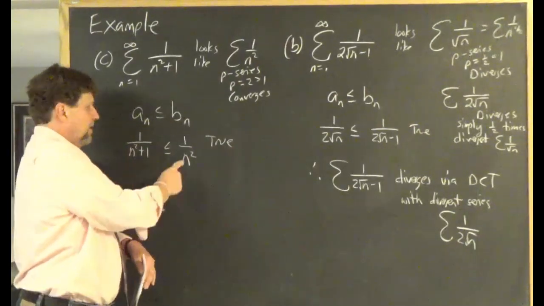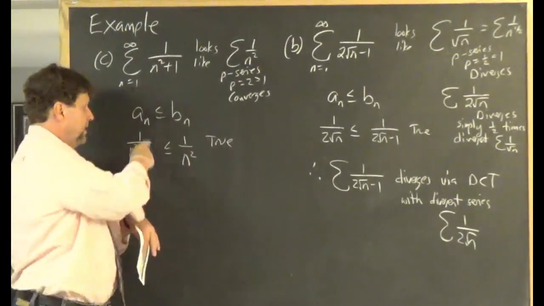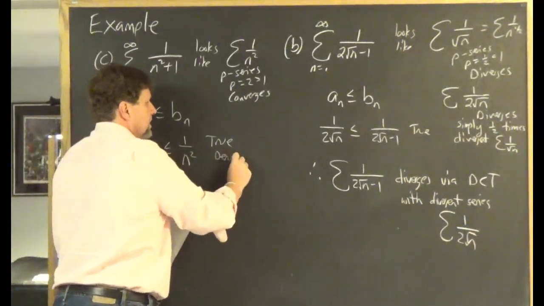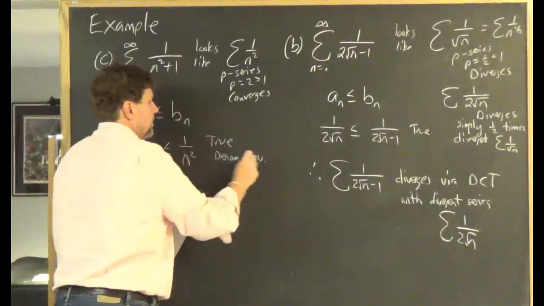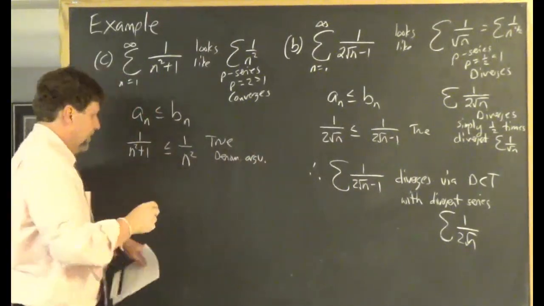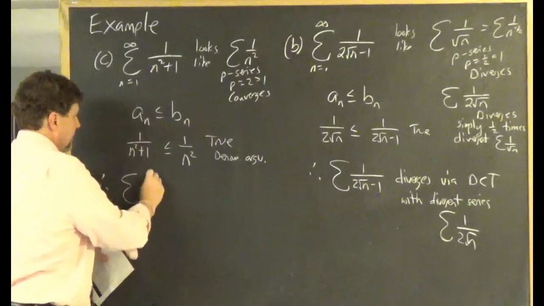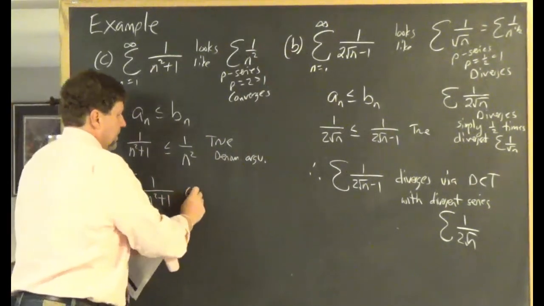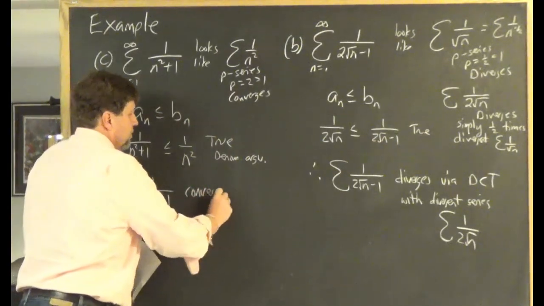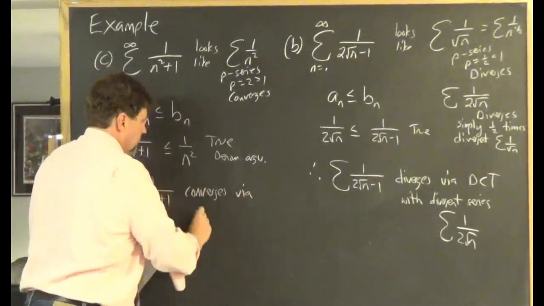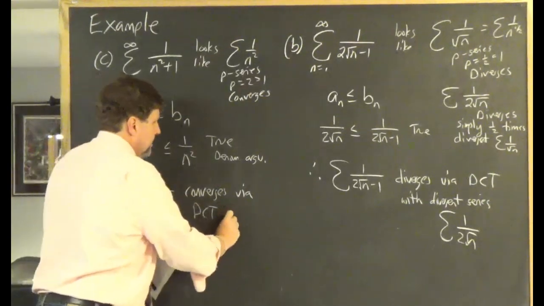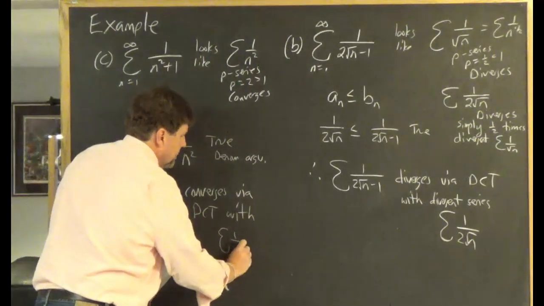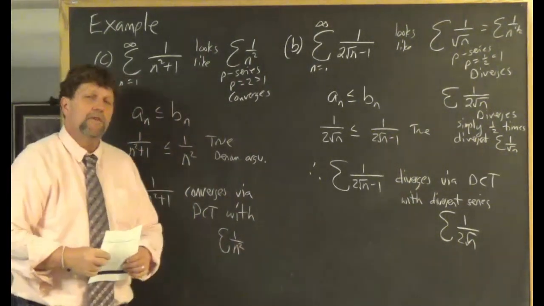This denominator is larger than that denominator, so this fraction will be smaller than that fraction. So I'll say it's true because of the denominator argument. So that tells me that the series 1 over n squared plus 1 converges thanks to the direct comparison test with the known convergent p-series 1 over n squared.